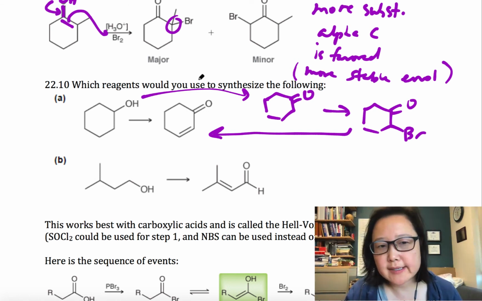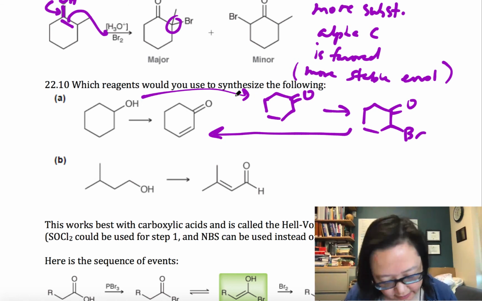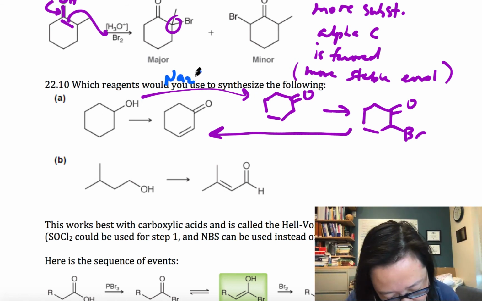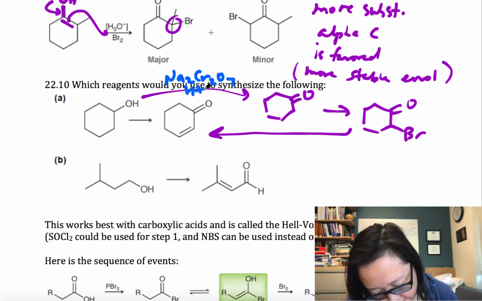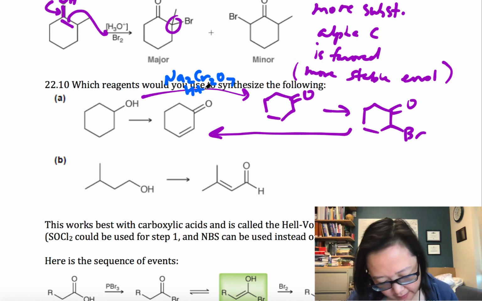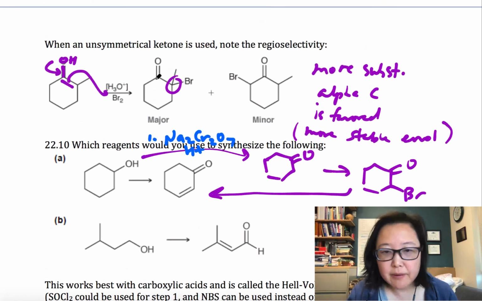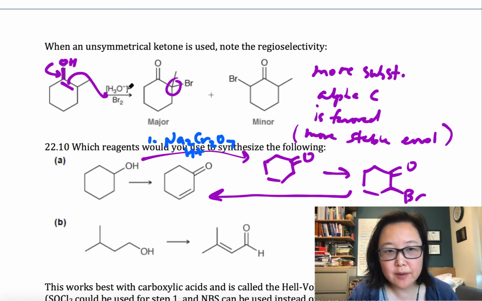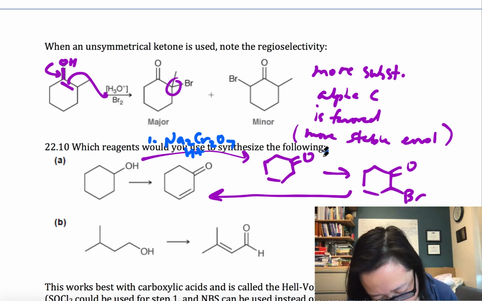Our sequence of steps is going to be first oxidation, so Jones or sodium dichromate in acid, or KMnO4. Then we have alpha bromination, but monobromination, so I'm going to use acid catalyzed bromination here.